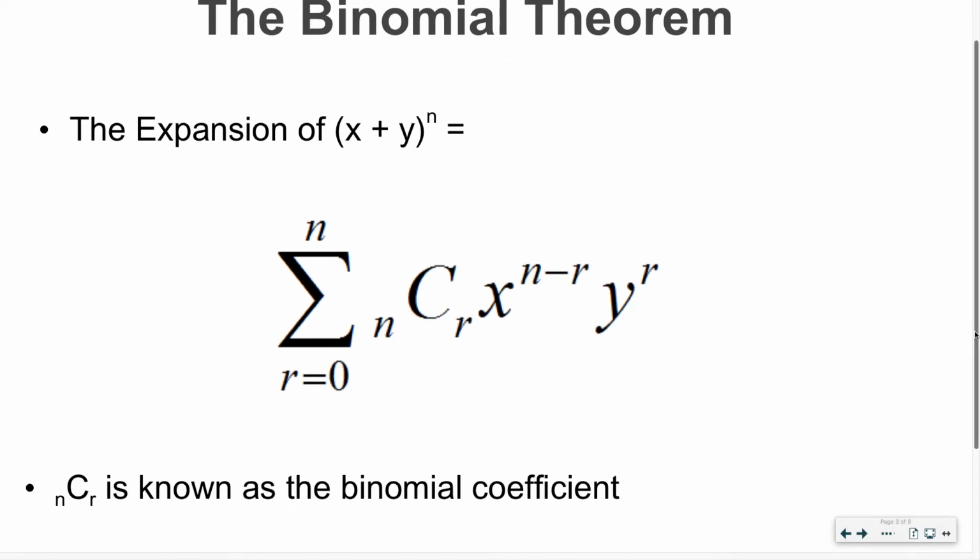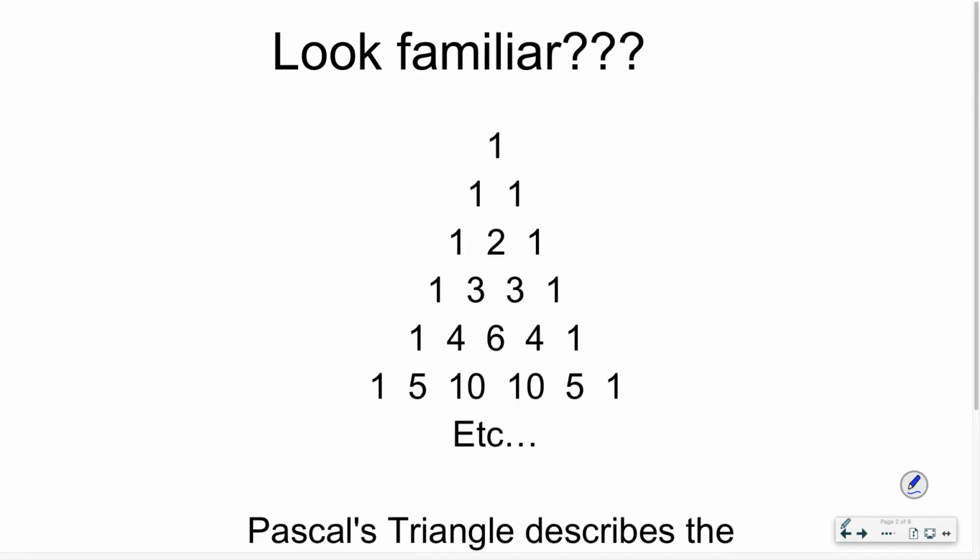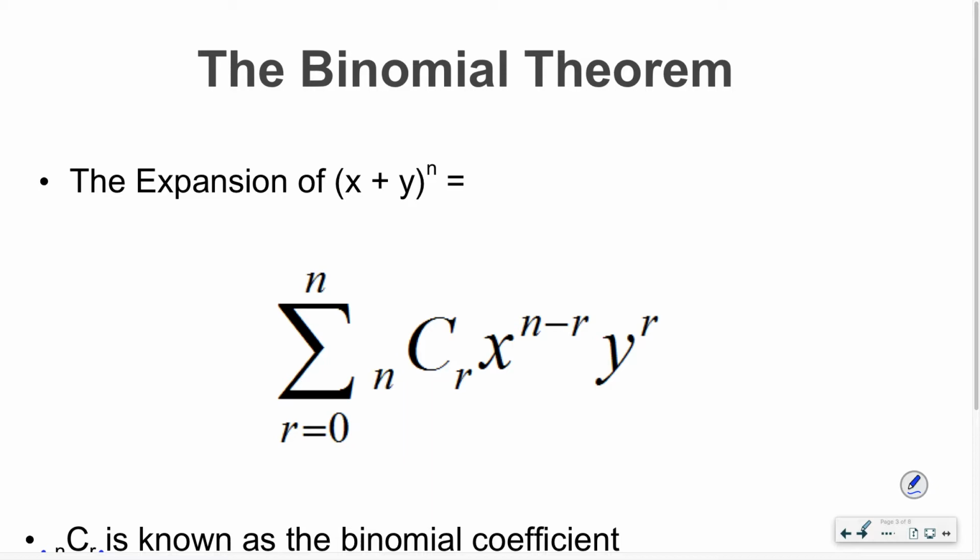Okay? Now you don't need to write this down, but this n combinations of r, that's called our binomial coefficient. Okay, well, we just got done talking about how Pascal's triangle are the coefficients for our binomial. And now I'm telling you n combinations of r is our coefficient. Fun fact.